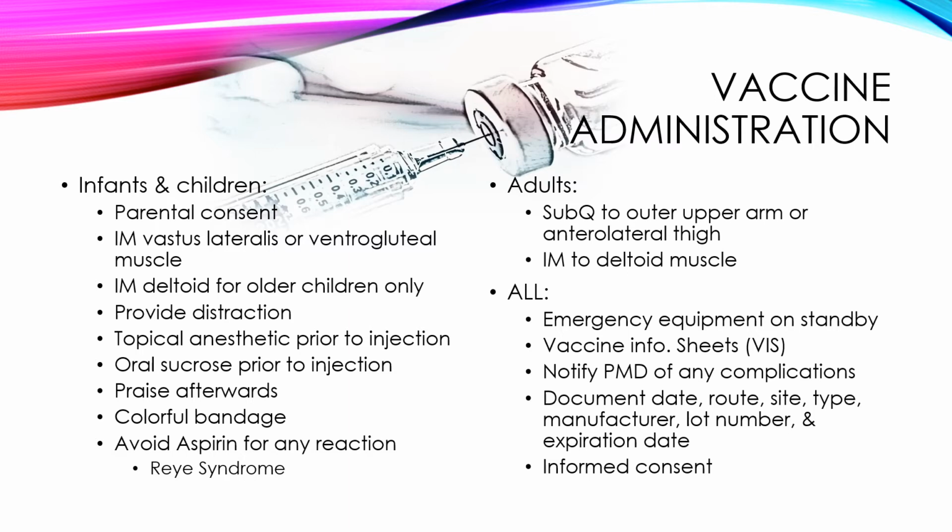The lot number, expiration date, and the manufacturer, so that if anything was to happen and there seems to be a correlation with the lot, then we know who to notify that they may get these symptoms, that like 50% of those that were administered the medication from this lot number have had this reaction, to be monitoring for that. Also, of course, we always need an informed consent from either the patient themselves or the parental guardian.